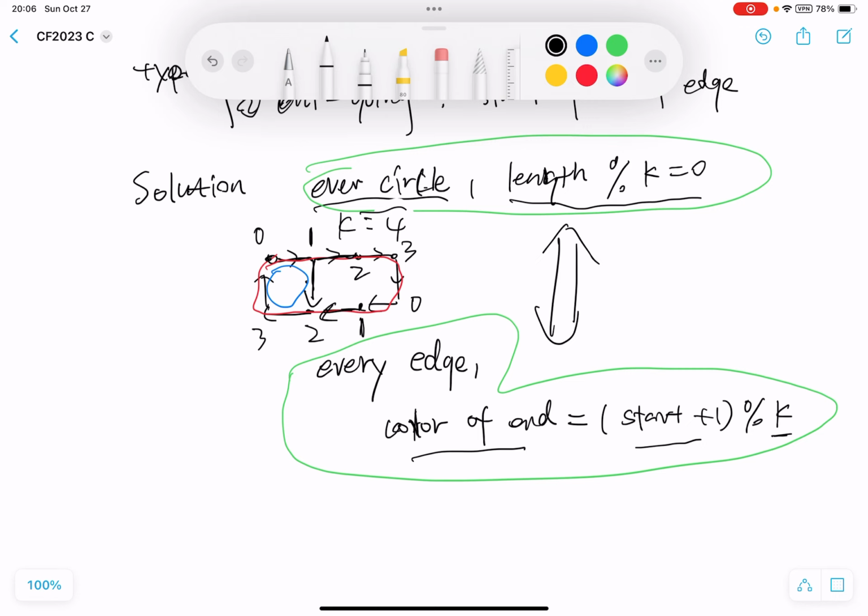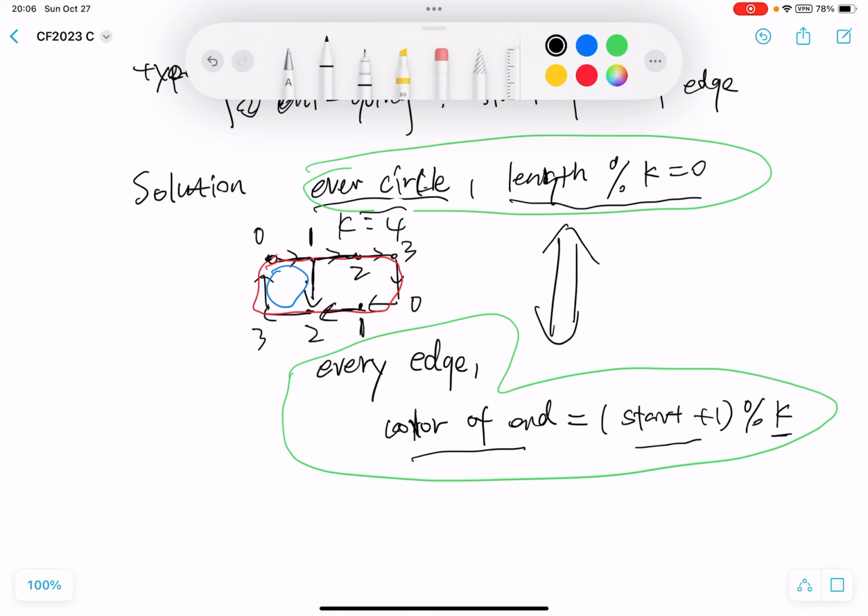For every cycle, the length of the cycle is divisible by k. There is another way to express this information. That means for every edge, we can paint colors such that the color of the endpoint of the edge equals the start plus 1, modulus k.